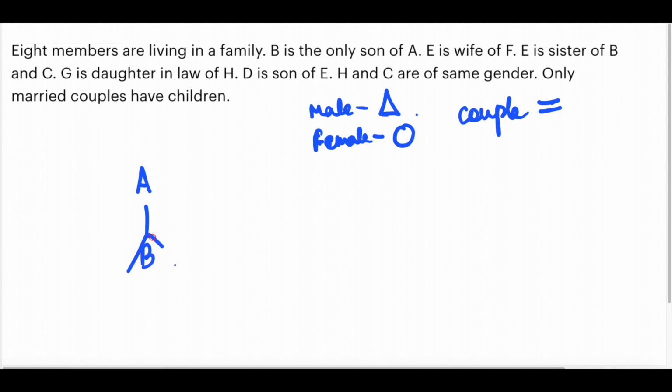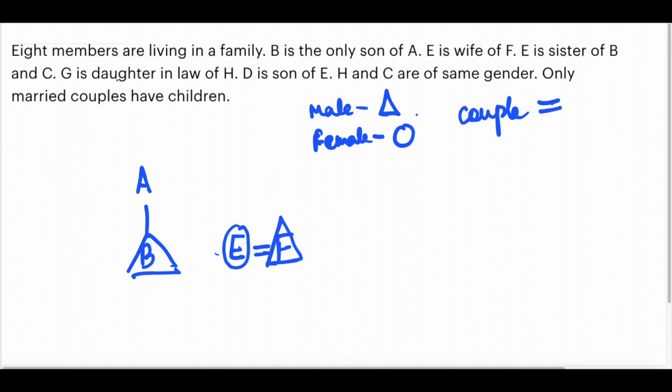B is the only son of A. Next, E is the wife of F. E is the sister of B. So E is the sister of B and also wife of F.